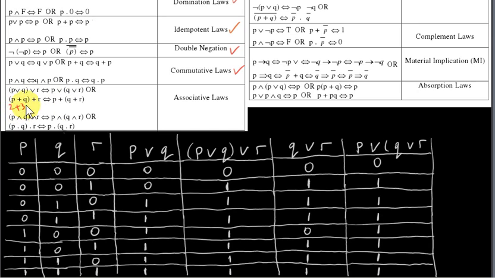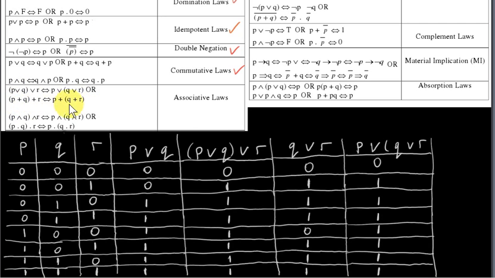Suppose we're adding 2 plus 3 plus 4. Instead of adding 2 plus 3 first, we could add 3 plus 4 first. So the addition operator in arithmetic is associative. And the same is true for the logical operator OR.